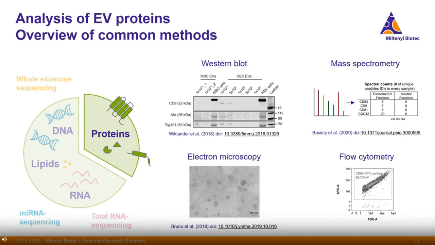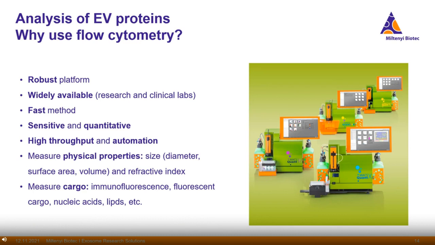Instead, single EVs can be analyzed by electron microscopy, where you can further detect proteins by immunostaining, but here only few EVs can be analyzed, and it's technically quite challenging. And another method to analyze single EVs is flow cytometry, which can also be used to analyze the protein cargo of EVs. Flow cytometry is a powerful method which is widely used in various research and clinical labs for high-throughput analysis.